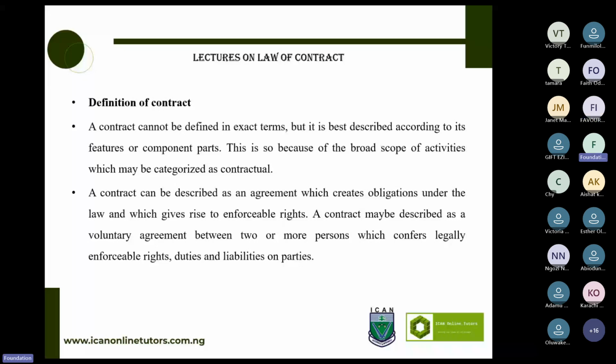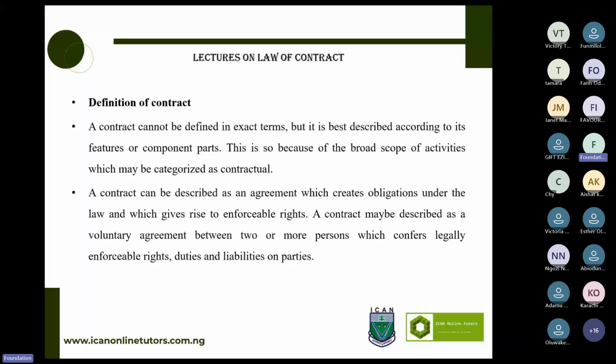Okay, next, Faith. Let's hear you, and lastly we go to Elizabeth. Okay, sir. Faith, over to you. Contracts can be defined as agreements between two parties that are bound by law. So yeah. Okay, thank you very much.